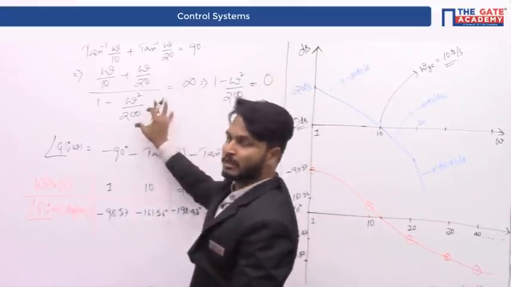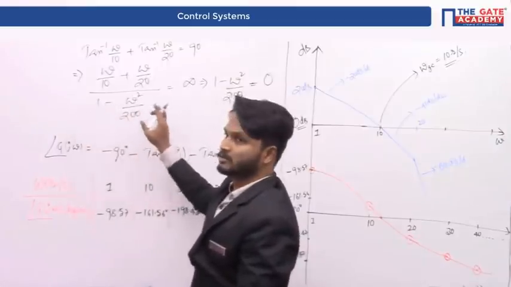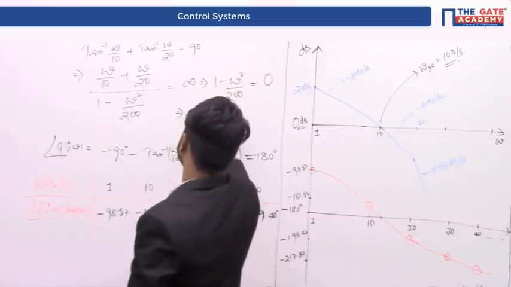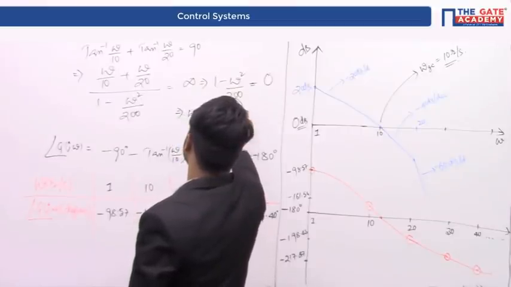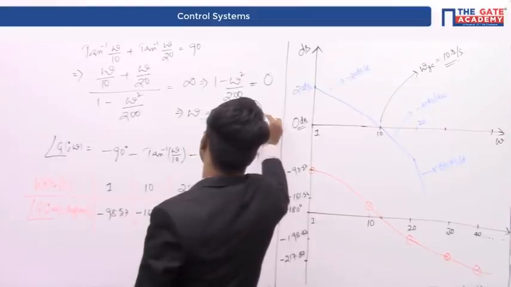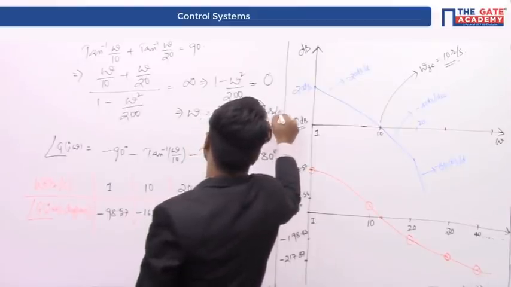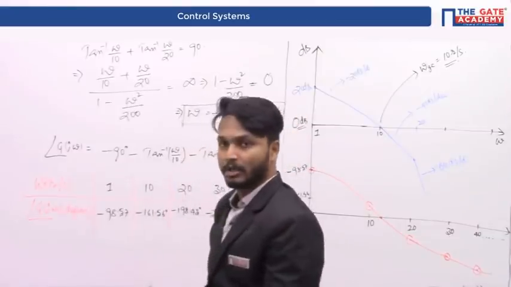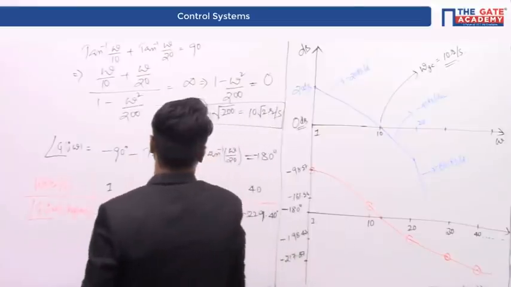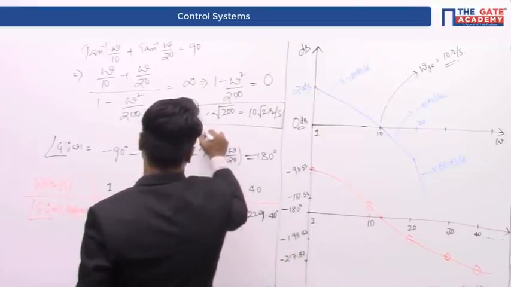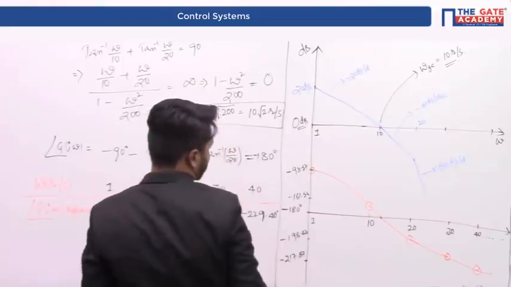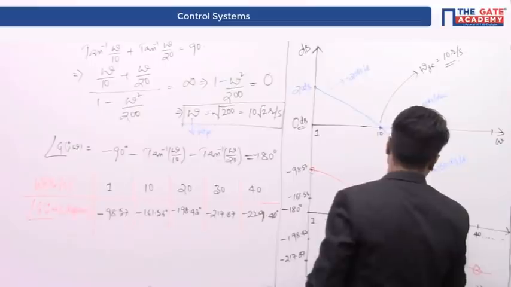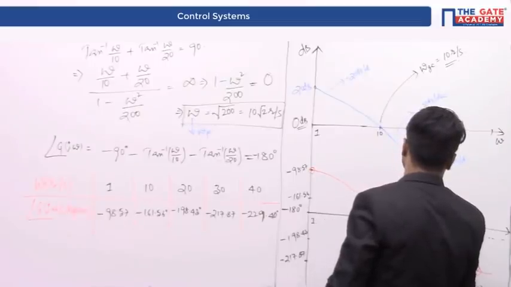If you solve for omega, you will get omega equal to root 200, that is equal to 10 root 2 radian per second. This particular value of omega is nothing but the phase crossover frequency omega suffix PC.